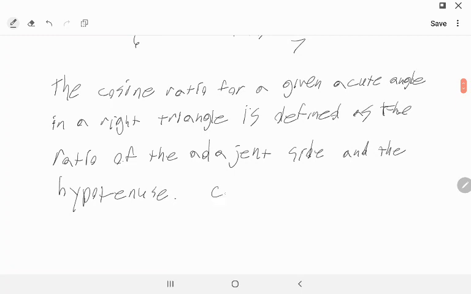And so, again, we'll abbreviate cosine; cosine of A will end up being the adjacent side divided by the hypotenuse. Cosine of B will be the adjacent side divided by the hypotenuse.